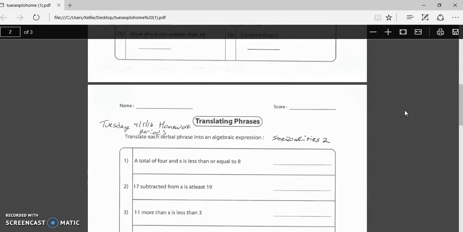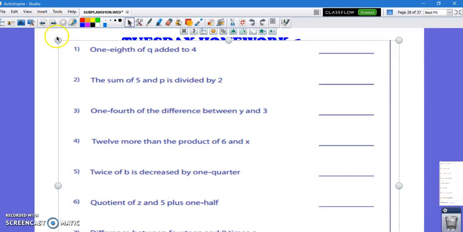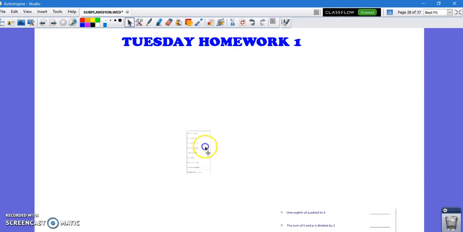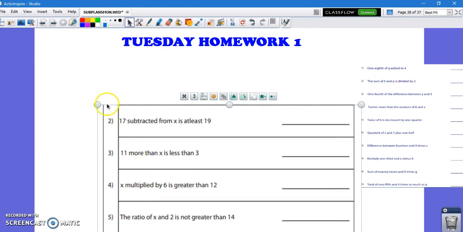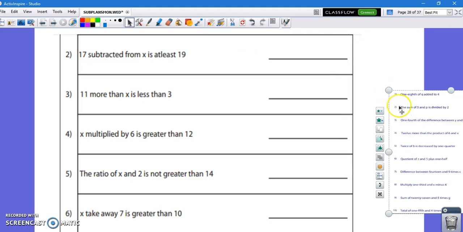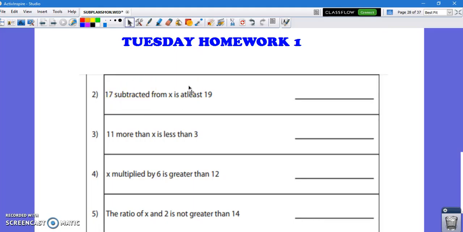That was the one we just did. A total of 4. Aha, so it's this one. Your next one actually looks like this. I think if it was stapled in order that I sent it, this is the next one. So I'll go with this one first. For some reason I cut off number 1, so this is actually number 2, so that's where we'll begin.